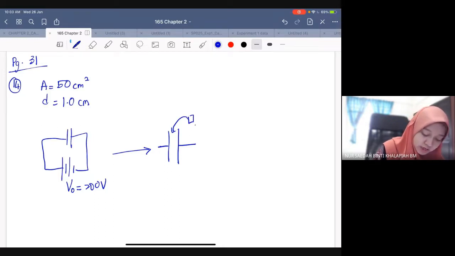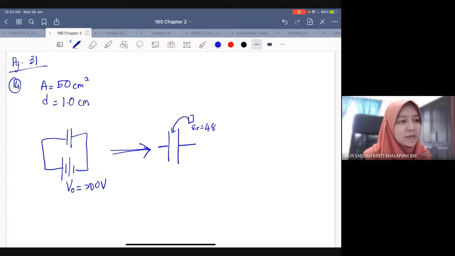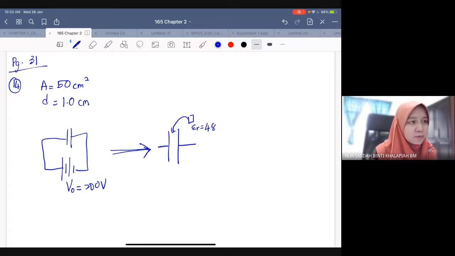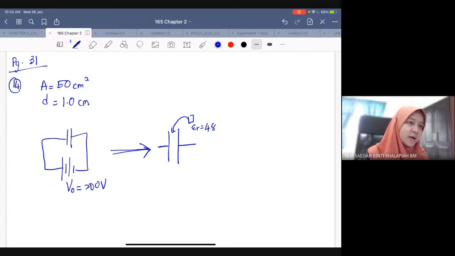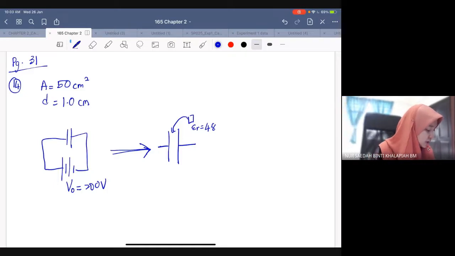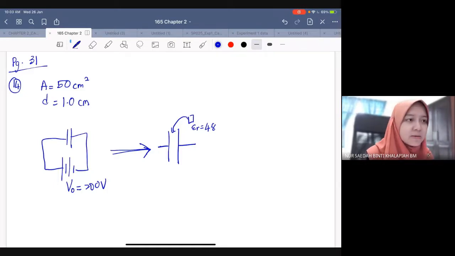Nilai dielectric constant yang kita masukkan adalah 4.8, is inserted which fills the region between the plates. So ini proses yang dia buat, daripada connectkan kapasitor kosong dengan power supply, lepas tu kita disconnect dan kemudian kita tambah dielectrics. So soalan minta calculate the capacitance.